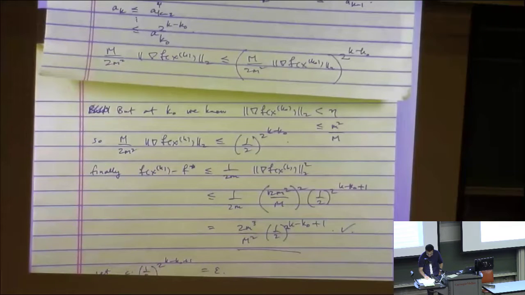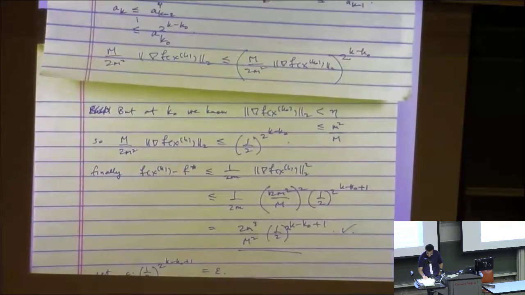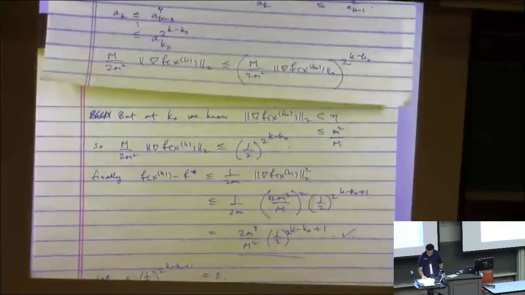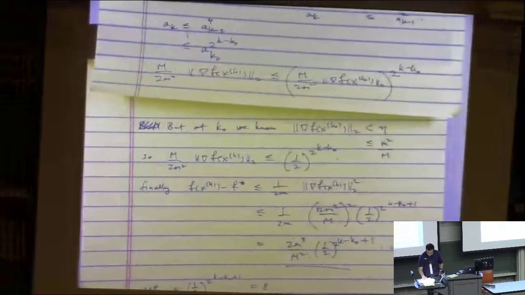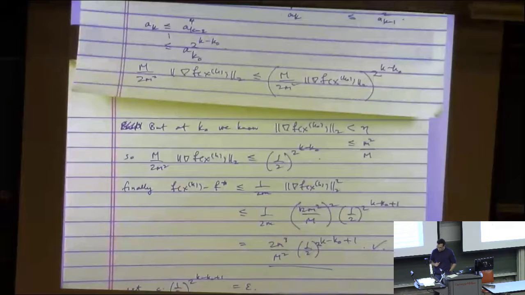And you'll see that you need k to be log of something over epsilon. That something's another constant, which doesn't really matter. Or maybe we should just say you need k minus k0 to be this number. This is how many iterations you need in the quadratically convergence phase.